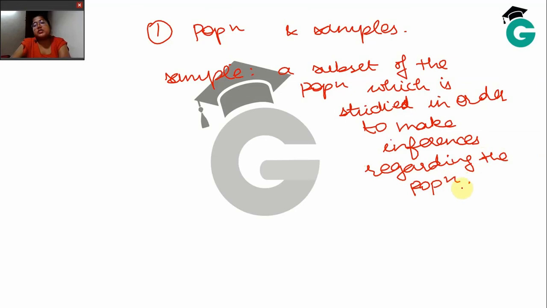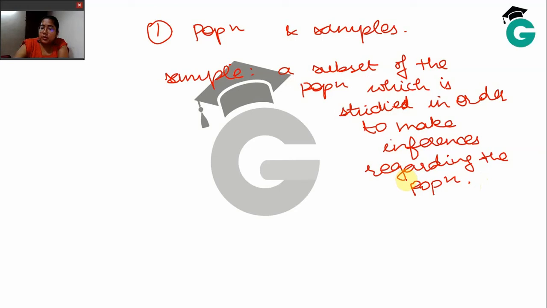Also, when I say population, I naturally mean population of interest. I'm not going to be saying this population of interest over and over again. But when I say population, for the most part, it will imply that I'm talking about the population of interest. In case I'm not, then I will specify it clearly. But from this point forth, if I say population, I mean population of interest. So, you know that you take a sample which is a subset of the population, you study it in order to make inferences about the population.